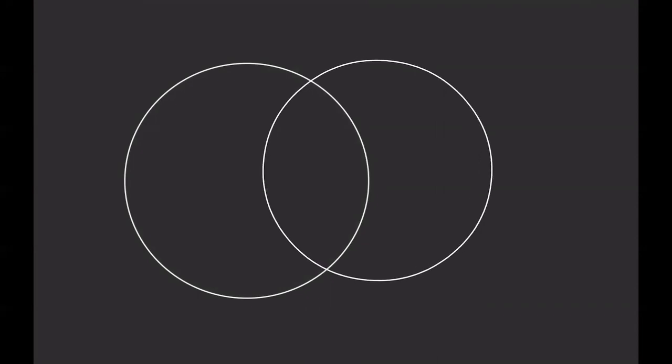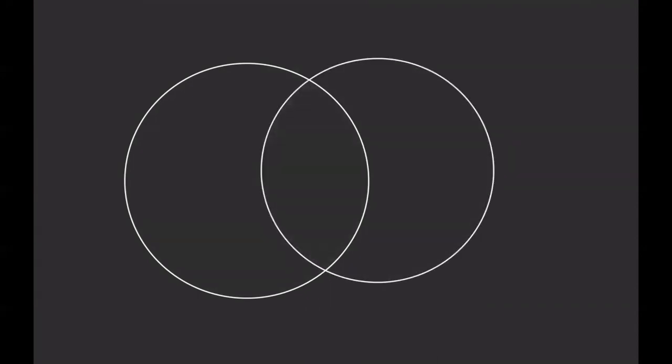If we draw this Venn diagram, let's give ourselves some nice circles here. You'll notice that I've got a circle here for the people with a tattoo. And I've got a circle here for the people with a piercing, and they overlap.